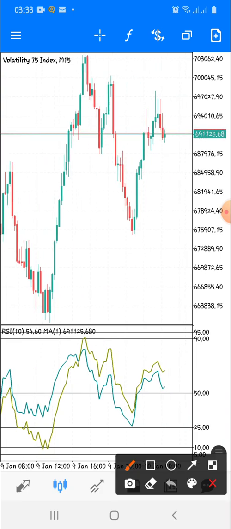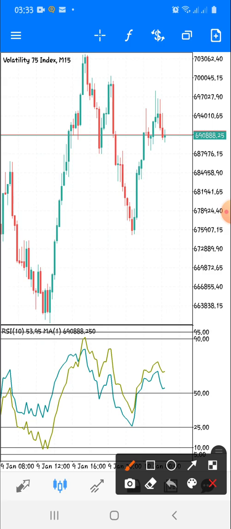What will happen is that the first trick you need to do is observe the moving average, the line which is greenish to brownish. Then you observe each movement.